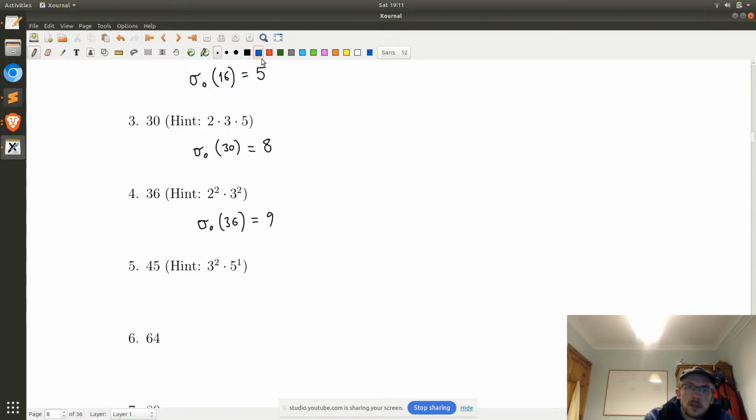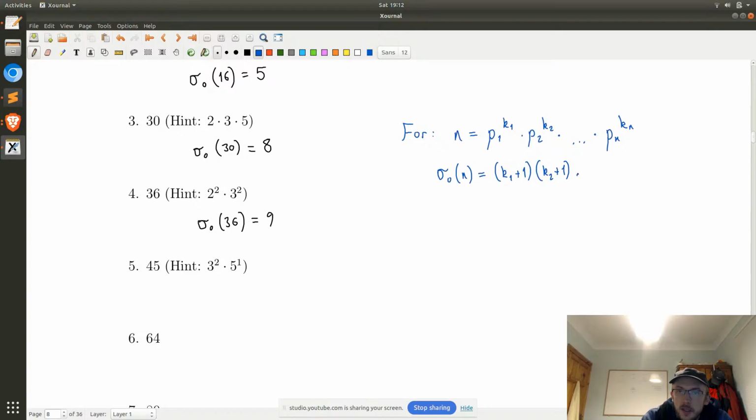Because for a given number whose prime factorization goes like this, the number of divisors would be k1 plus 1 times k2 plus 1 all the way up to kn plus 1.